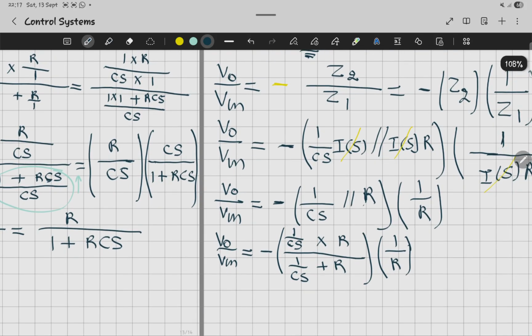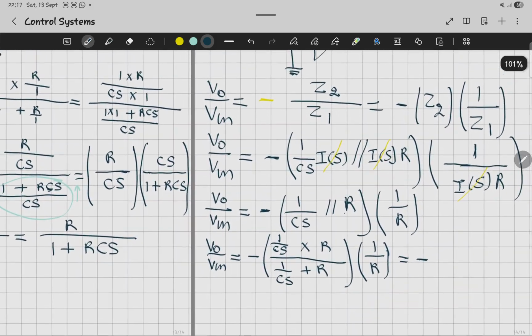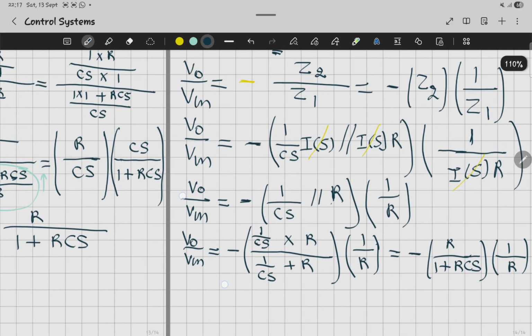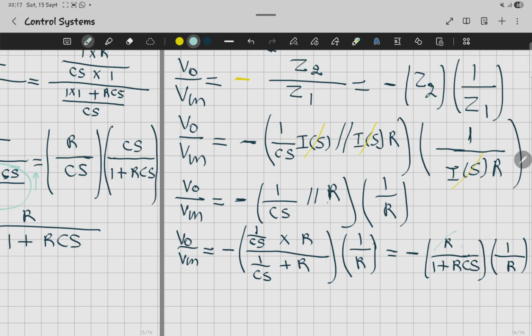So this block here is gonna be equal to negative, we're going to replace with what we got, R over 1 plus RCS times 1 over R. So this is what you're gonna get here, and then you can see that these two can cancel out each other, which is gonna give you Vo over Vin equal to 1 plus RCS. That's what you're gonna get there.